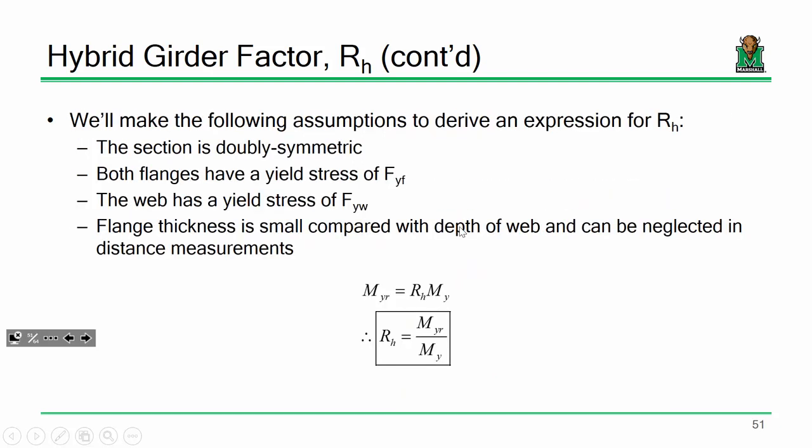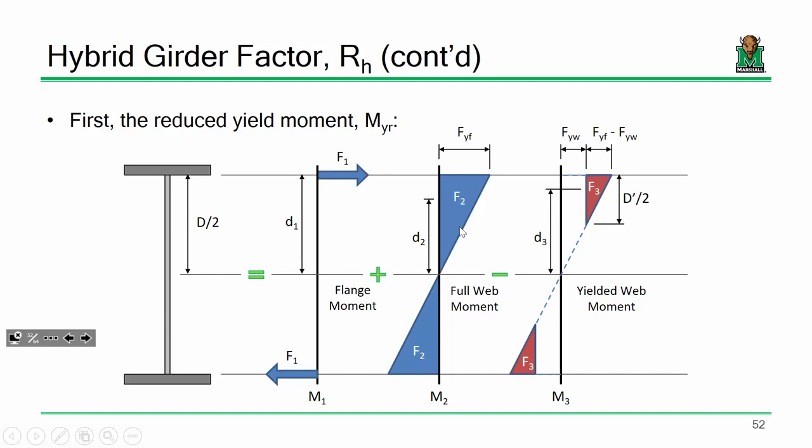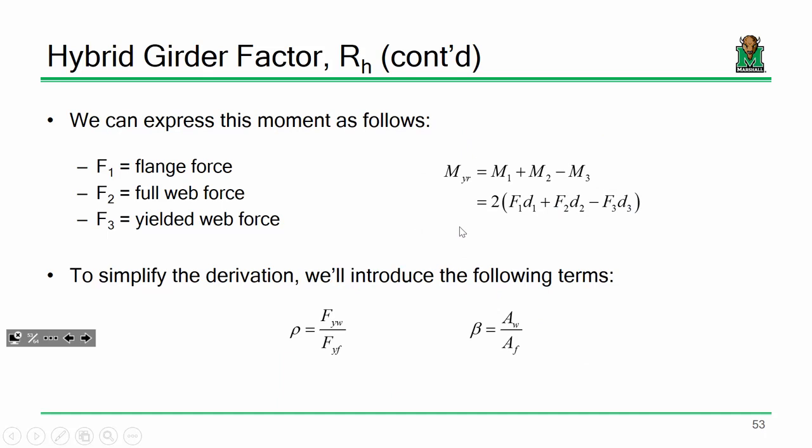So I propose that to calculate that reduced yield moment, it's this flange moment M_1, this full web moment M_2, and then I've got to subtract out whatever has yielded in the web. So far, so good? Okay. Let's take each of these one at a time.